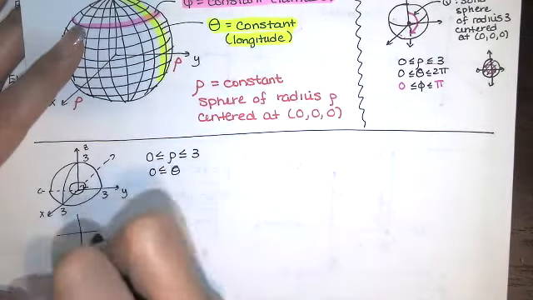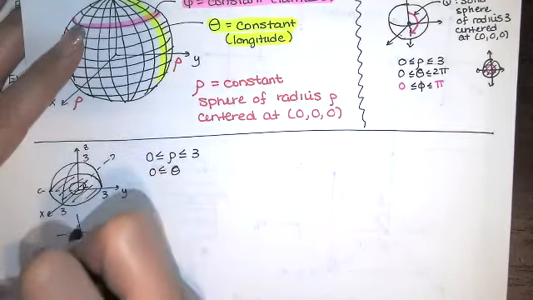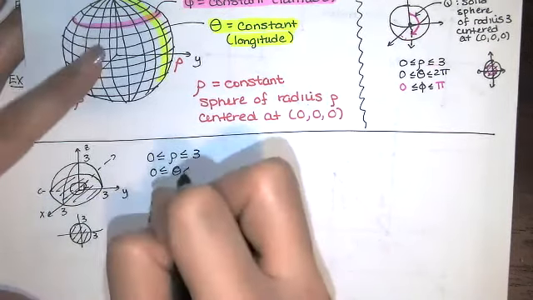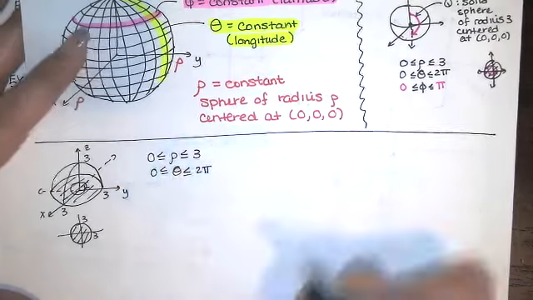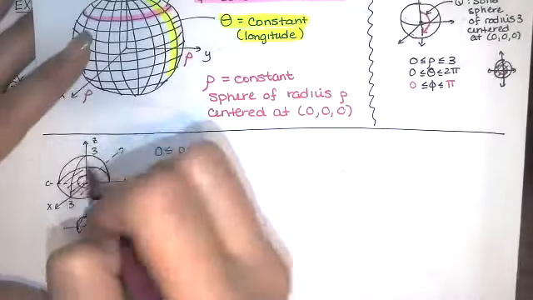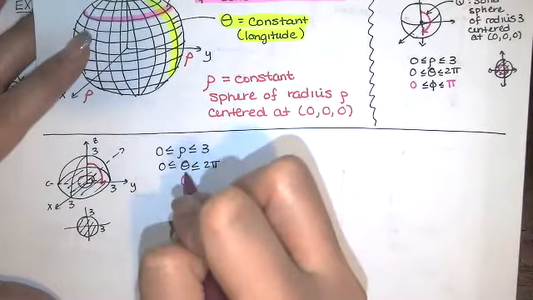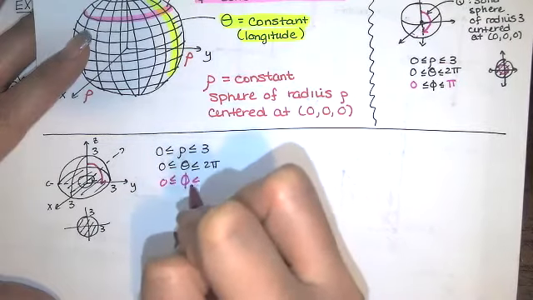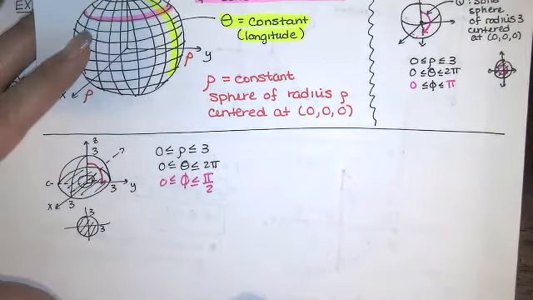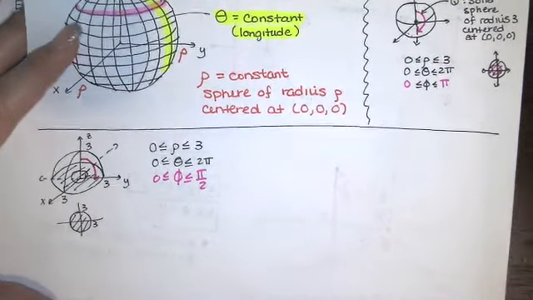If I look at the projection onto the xy plane, that projection is still a circle of radius 3. So theta still goes from 0 to 2 pi, but this time phi only goes from 0 to pi over 2. So we only go from 0 to 90 degrees to get the top half of the sphere. Does that make sense? I hope it makes sense.